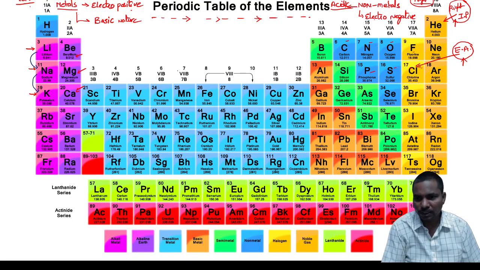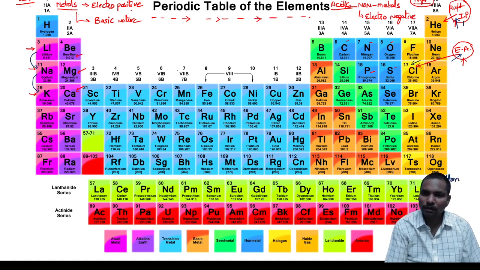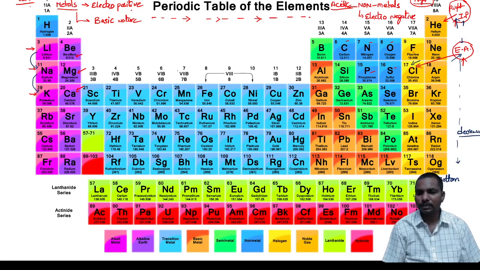Ionization potential is highest at the top. Electron affinity is also highest at the top and less at the bottom. So top to bottom it decreases, correct?